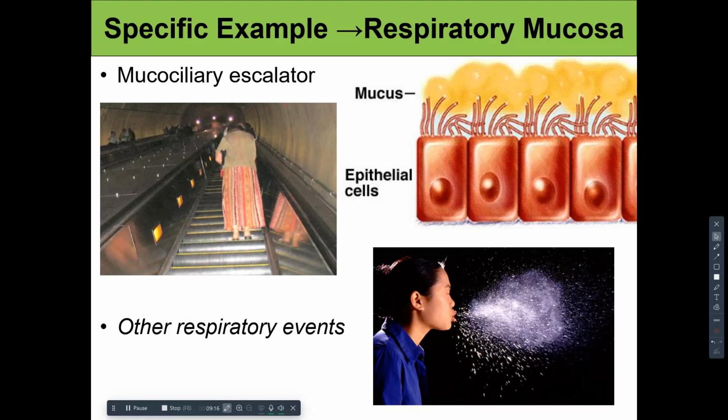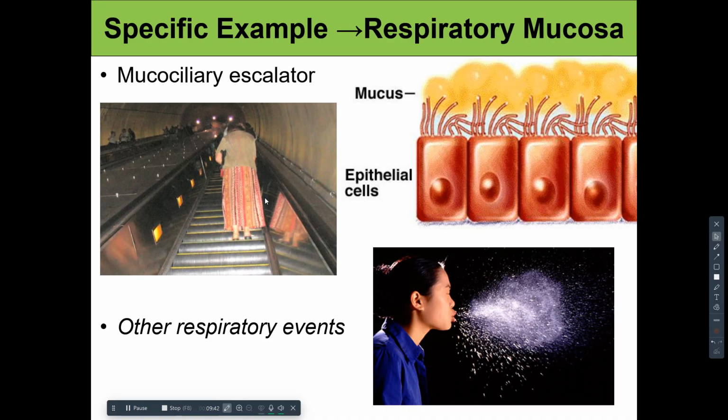And not only do we have mucus to trap the inhaled pathogens and other microorganisms, particulate matter, the stuff we're always breathing in, but we've got cilia on those respiratory epithelial cells, and the cilia are constantly sweeping the mucus up. It's called the mucociliary escalator, and we're constantly, unconsciously swallowing mucus.